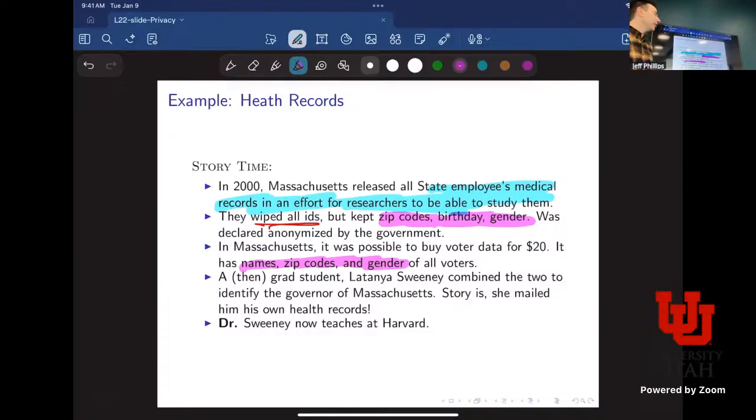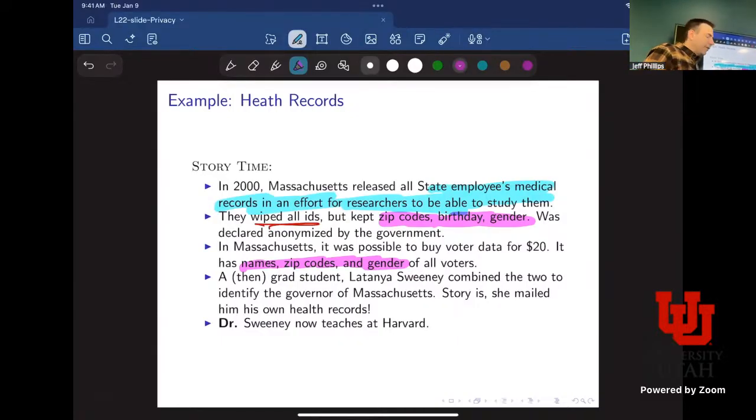You may not have the birthday, but you can look up someone's birthday someplace else. The governor may post what their birthday is on their voter information, or you can figure this out. And so you can take two different data sets and link them together to make inferences about information supposedly anonymized in the first one by linking it with information from the other.